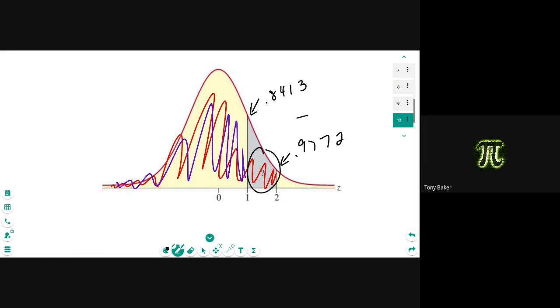So find them both, subtract. So that's the answer between the two.